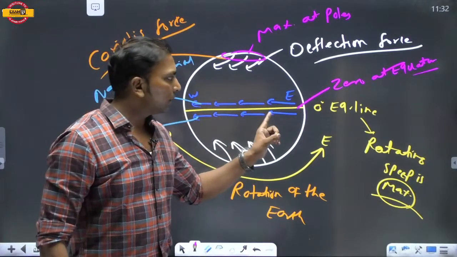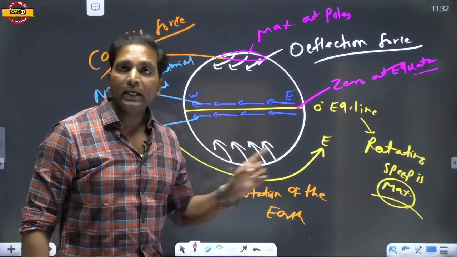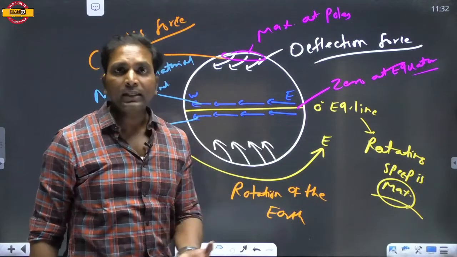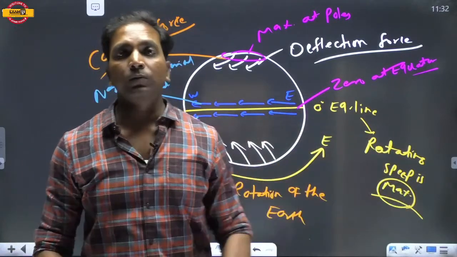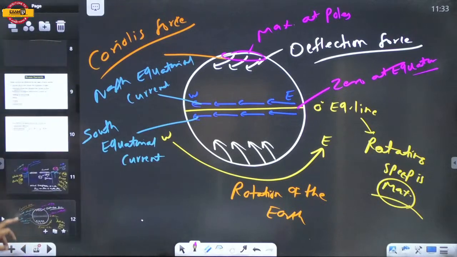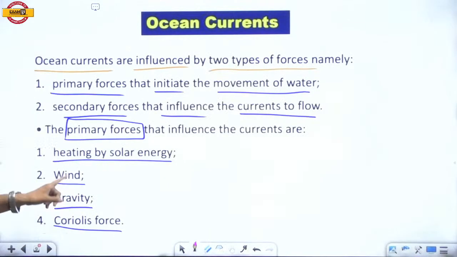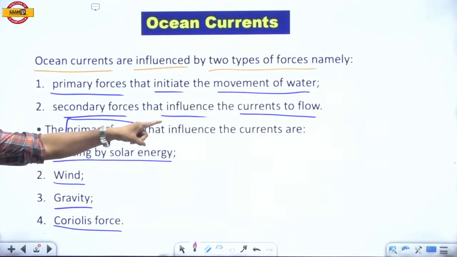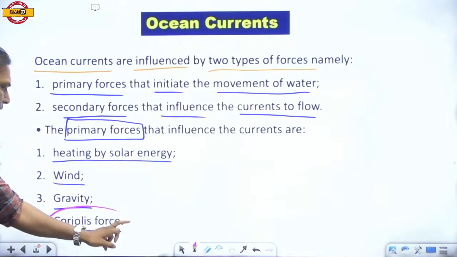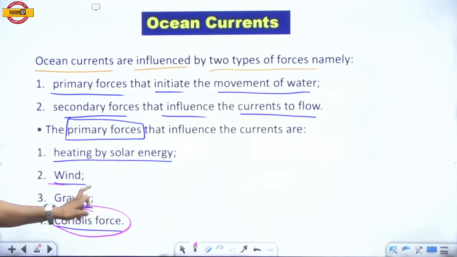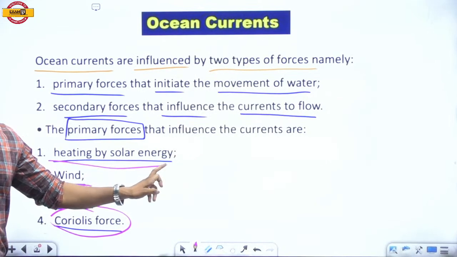And also the direction of oceanic currents is also affected by the Coriolis force. You can see here. Okay, we have mentioned the primary forces that influence the currents are the Coriolis force, the gravity, the winds, and the heating by solar energy.